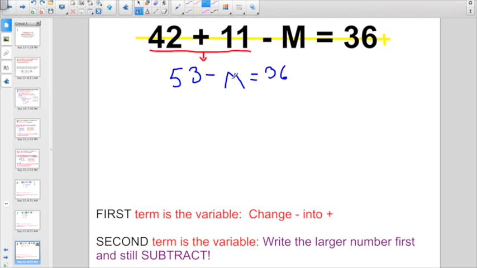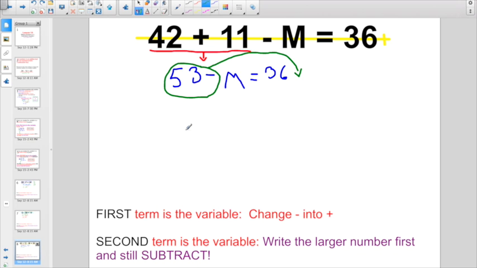So I want to go and isolate now. I want to get the variable m by himself. So I'm going to circle 53 and the minus sign, and I'm going to kick them over to the other side, right? So start off, we read equations left to right.